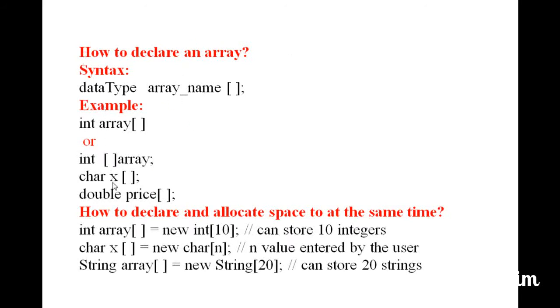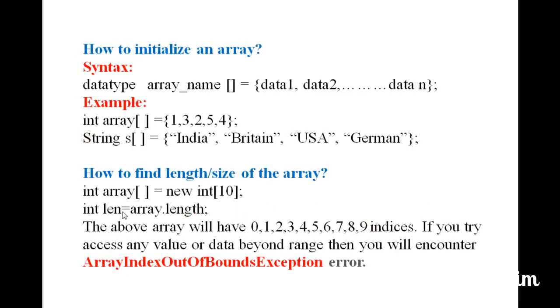With examples, I taught you how to declare and allocate space at the same time, how to initialize an array, how to find the size or length of the array, and if you try to access any element that is beyond the range, then you will encounter an error called array index out of bounds exception.